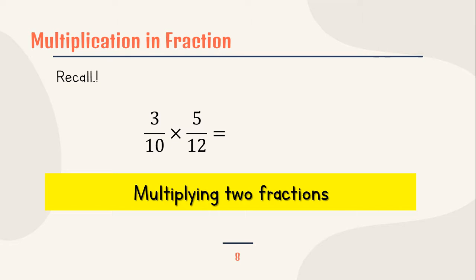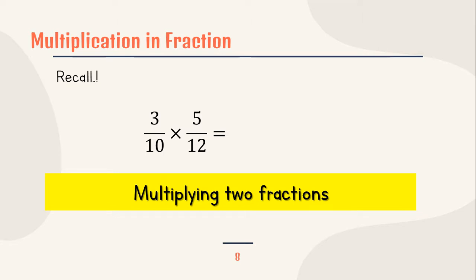Before, we also have 3 per 10 times 5 per 12. As you can see, these are fractions. This is a proper fraction and this is a proper fraction as well. Even if you have an improper fraction multiplied by an improper fraction or vice versa, you can use this method as well.